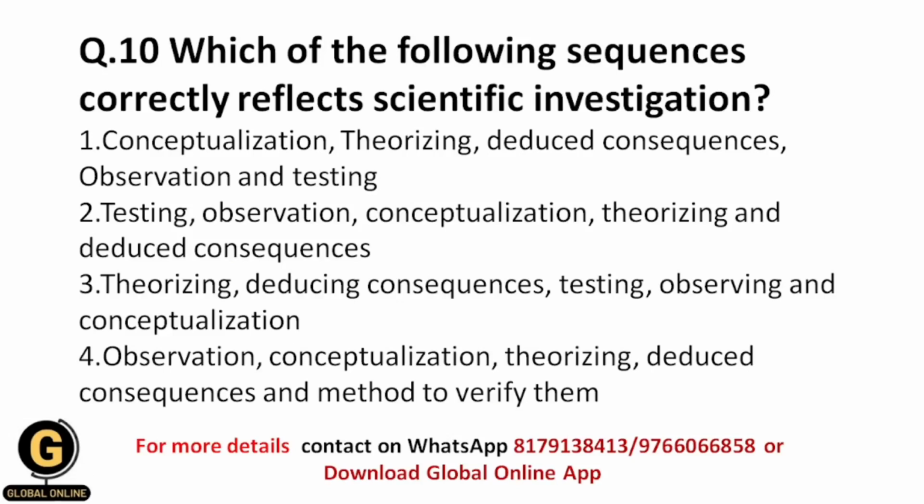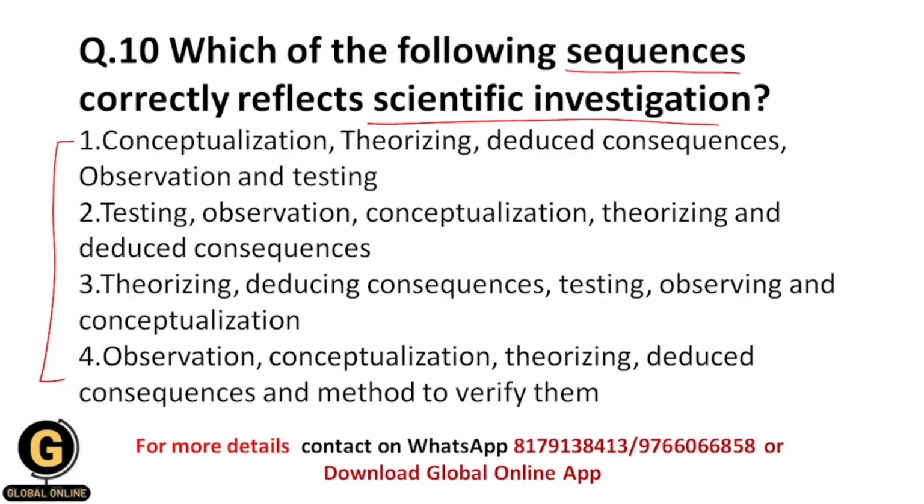Now, in this question, which of the following sequences correctly reflects scientific investigation? Here they have given us different sequences of scientific investigation, and from these we have to choose the correct one.